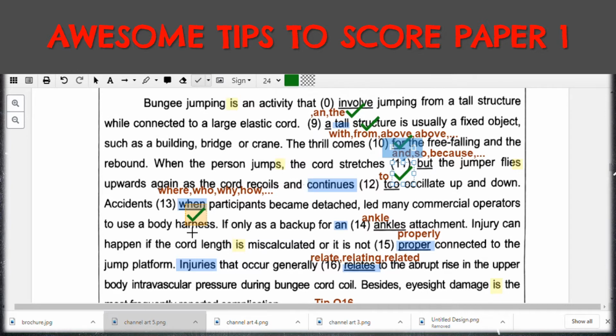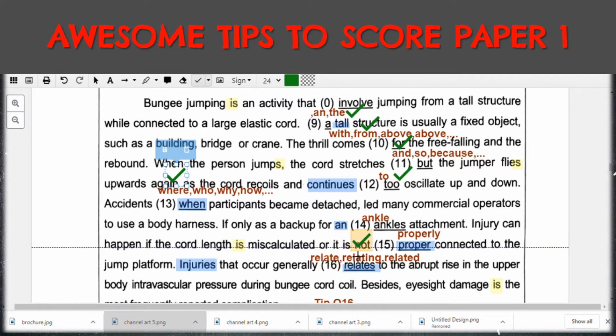So it can only be replaced by where, who, why, how, whose, which, what. That's all. It cannot be replaced by any other words. So what is the best answer here? Accidents, where participants became detached. It doesn't tell you the person, the reason or how. It is "where". Where participants became detached led many commercial operators to use a body harness.